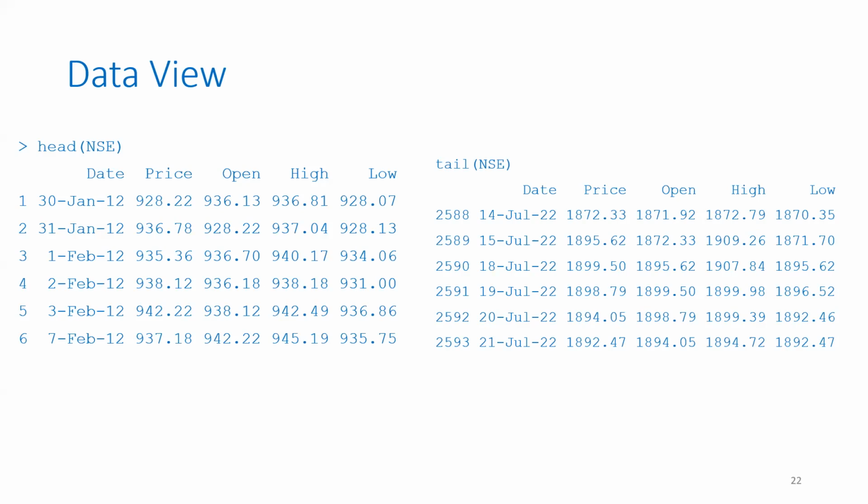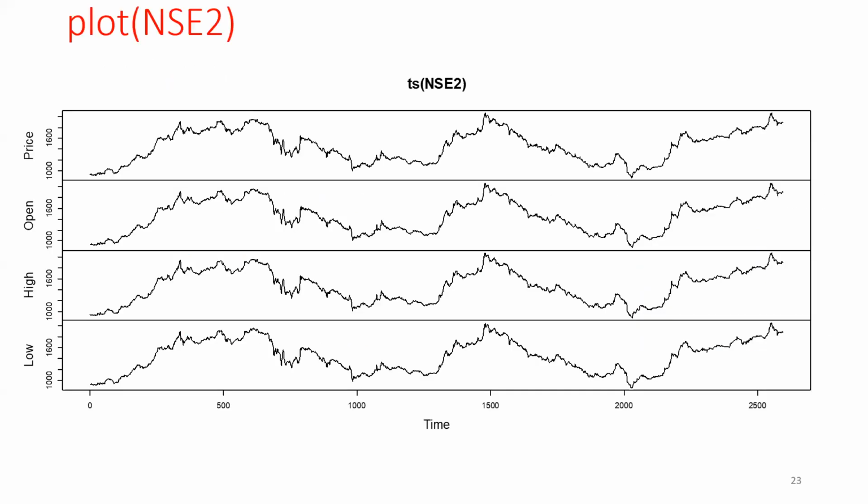In this work, we have about 22,593 data points. That is the plot. Our focus here is the price. This is a financial time series data set, and the price is the closing price.